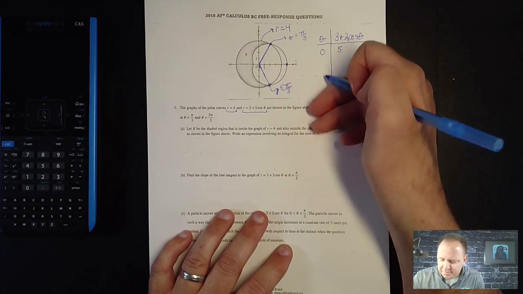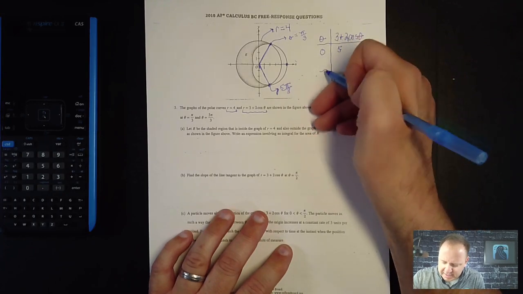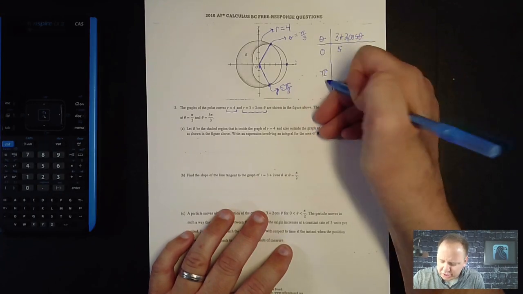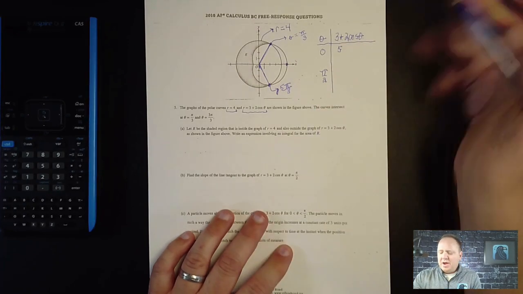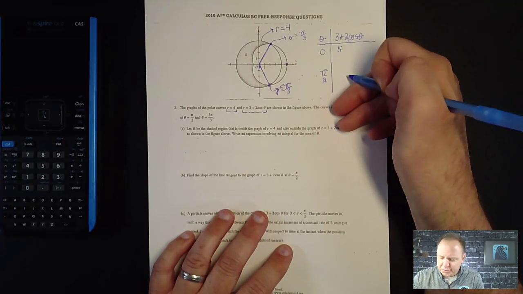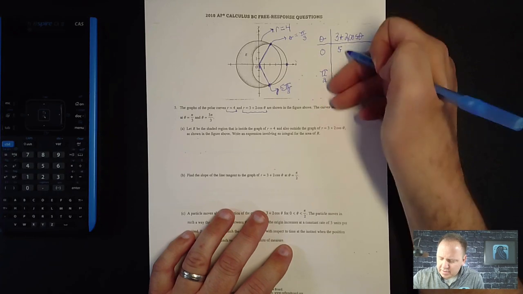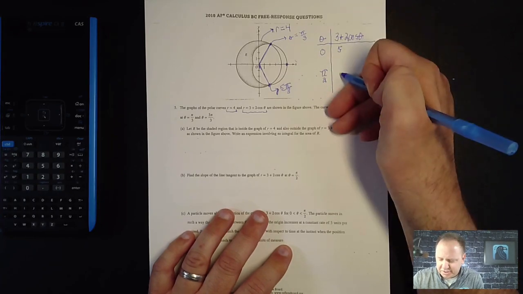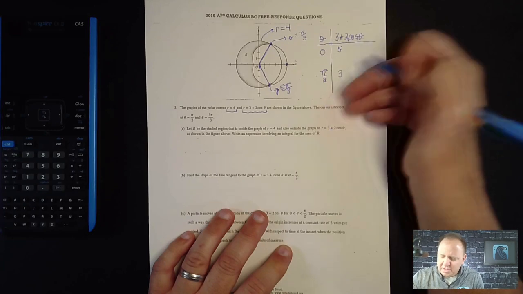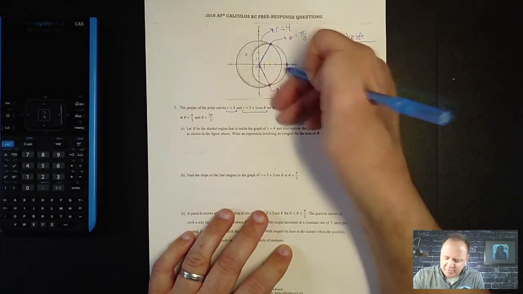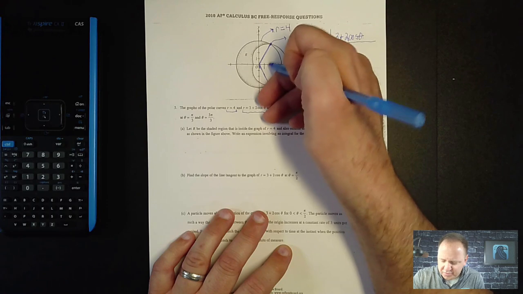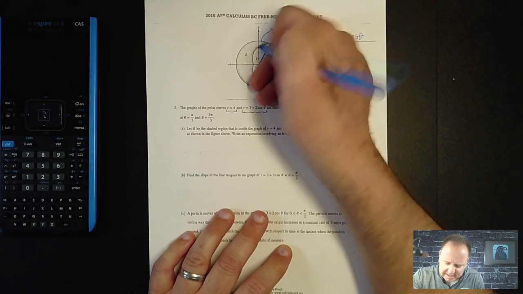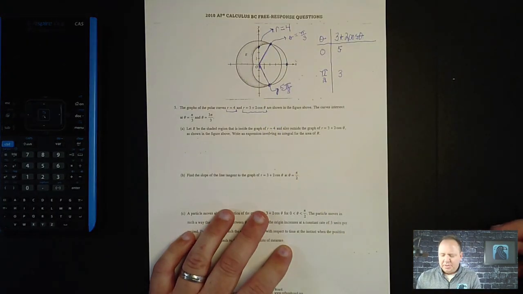Now I'm going to skip a space and go to pi over 2. When I go to pi over 2, that gives me what? 3 plus 2 times 0 is just 3. So when I'm 90 degrees from the initial ray, at pi over 2 for theta, you can see that this is 3.